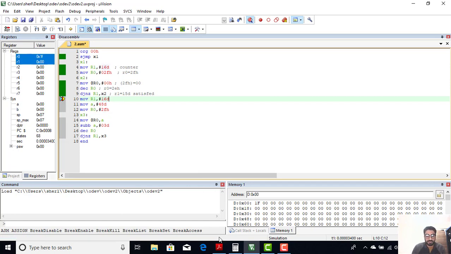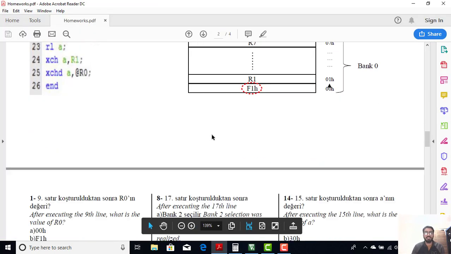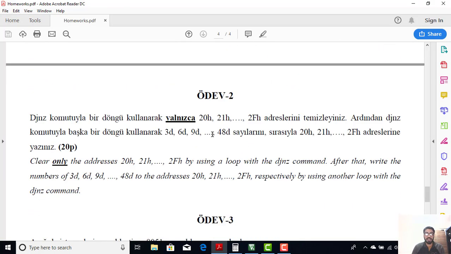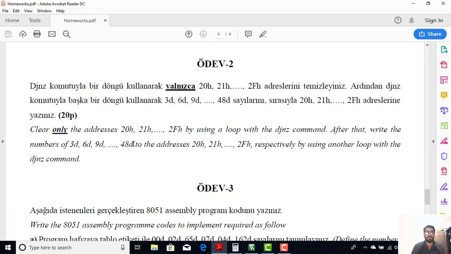If we want to go to the next step, now we need to give specific registers specific values as asked in the questions. First of all we need to give 48 decimal to the 2F hex register, and 45 to the 2E hex, and so on.